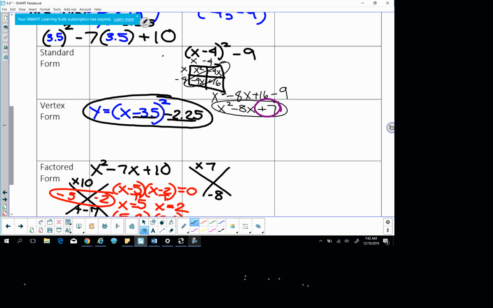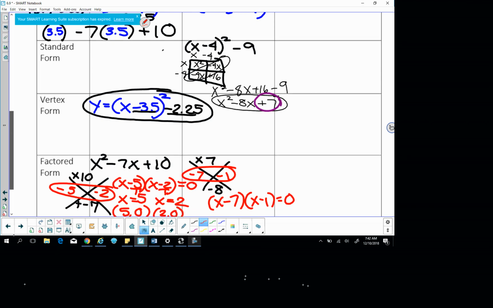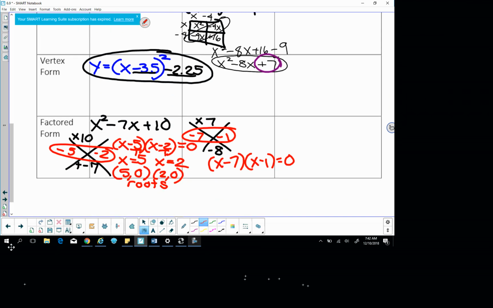What would it be? Good. Negative 7 and negative 1. Ding, ding, ding. So I know it's x minus 7, x minus 1 equals 0. And remember, you can make them equal to 0, or it's just the opposite. So I know x equals 7, x equals 1. Those are my roots.